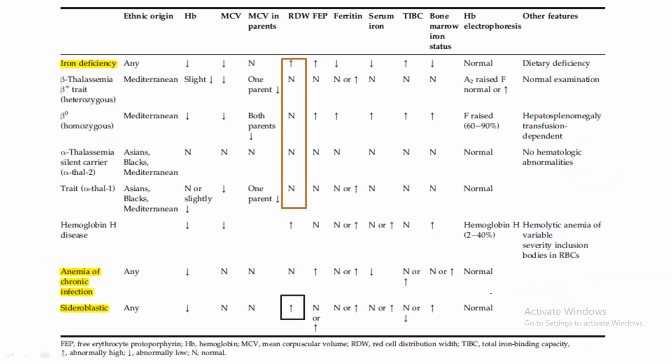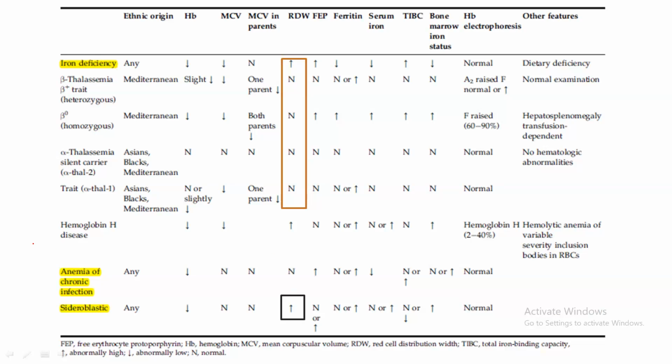This slide is important for us to differentiate the various microcytic hypochromic anemias. Just keep in mind that in sideroblastic anemia and iron deficiency anemia alone, your RDW is very high. How can you differentiate sideroblastic anemia and iron deficiency anemia? The most important thing is the peripheral smear, because RBCs will have a dysplastic morphology in sideroblastic anemia, whereas in iron deficiency anemia we don't see dysplastic RBCs.